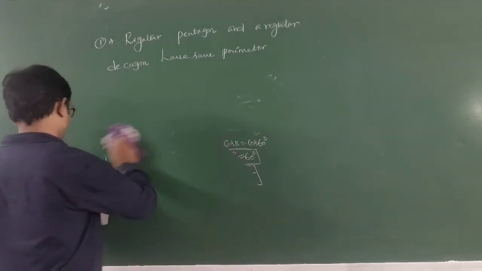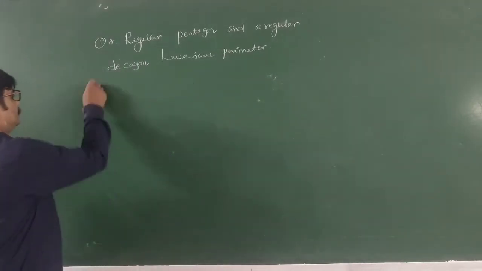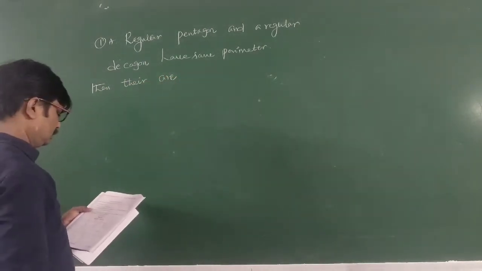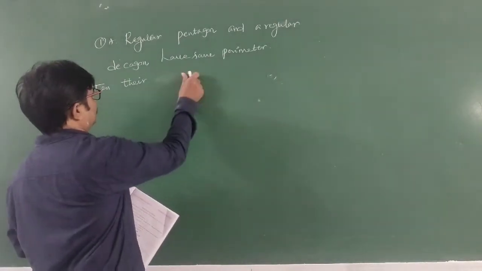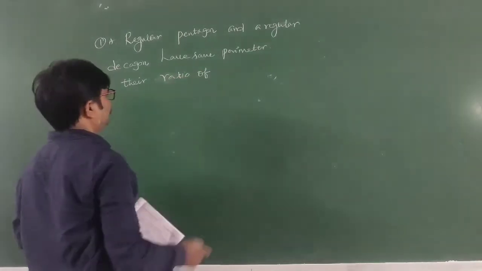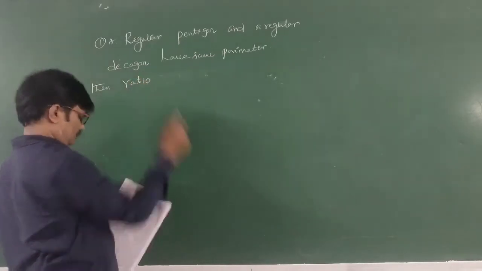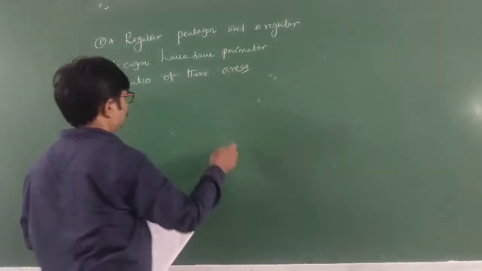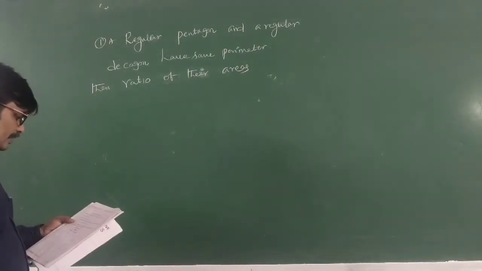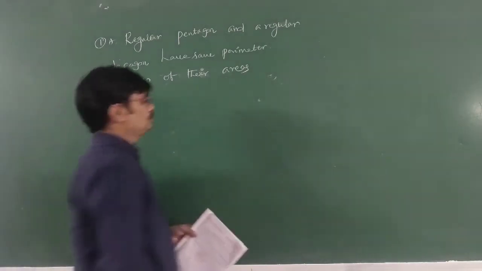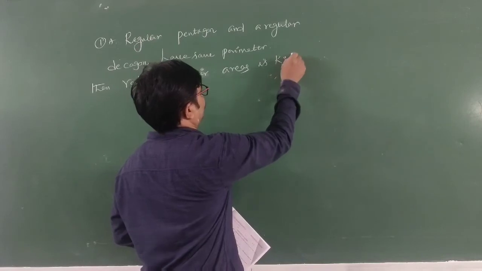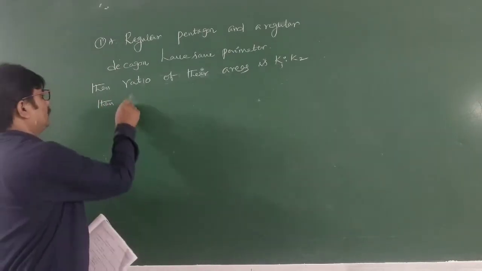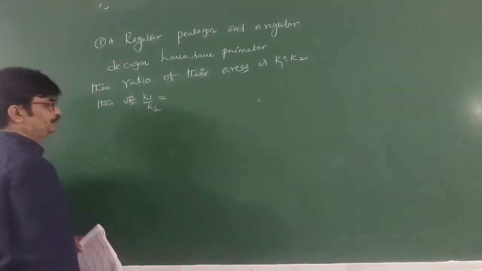the ratio of the areas is K1 is to K2. Then find the value of root 5 K1 by K2.